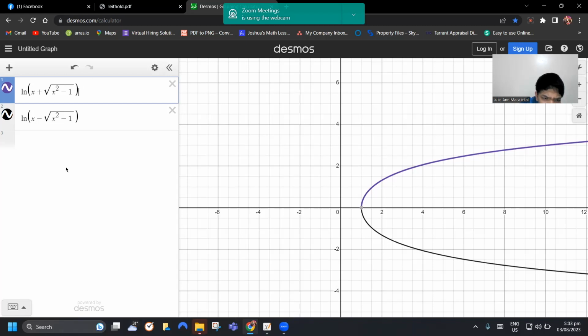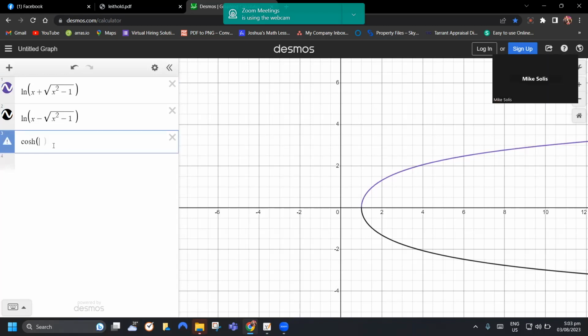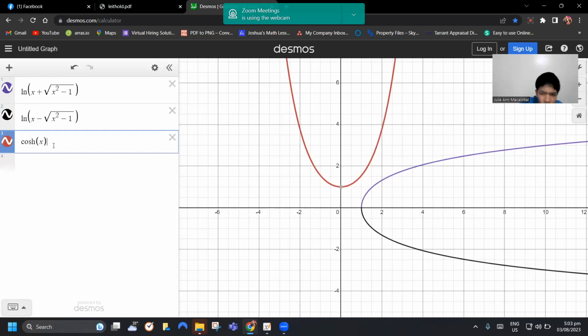So, cos x muna. Okay. Diba? Gawin mo na x restricted, x greater than or equal to 0. So, curly brackets, x greater than or equal to 0.